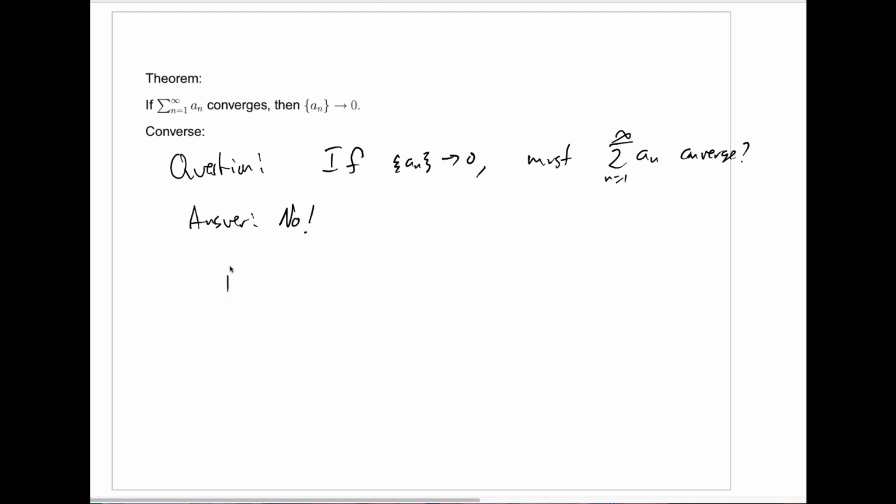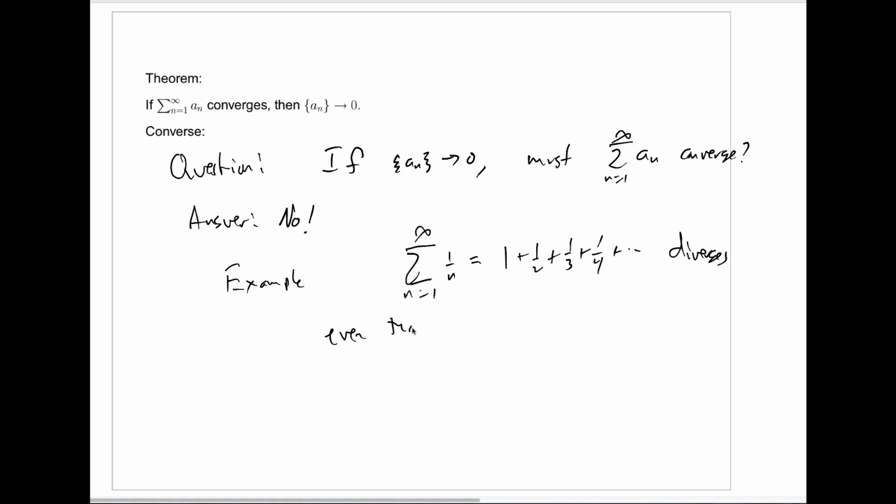We saw an example of the harmonic series. This is 1 plus a half plus a third plus a fourth. And this diverges, even though the sequence 1 over n certainly has limit 0, which we've seen before.